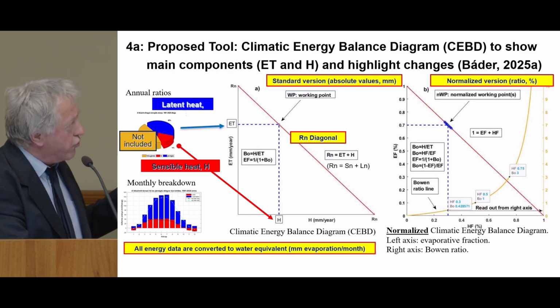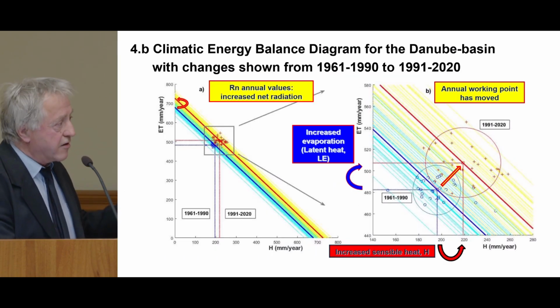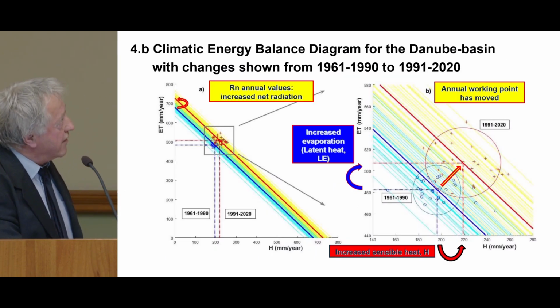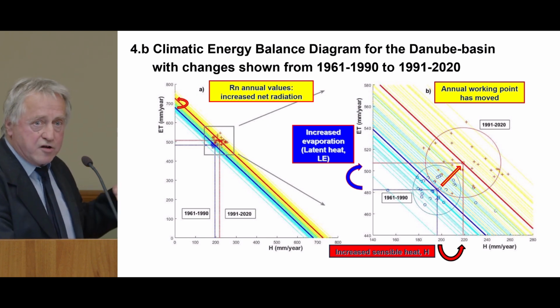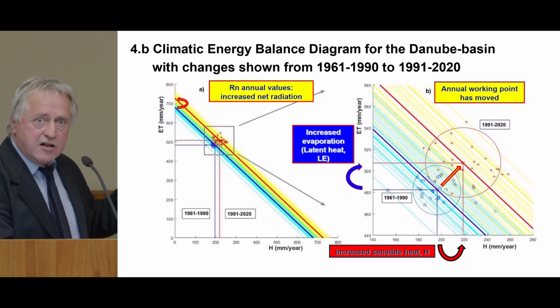We can show absolute numbers, or relative numbers. In the Carpathian basin, this is what we see. During 30 years, let's have a look at this box, enlarged here. The working point has moved from here to here. More energy is coming in, more was evaporated, and still more heat remains on the ground.